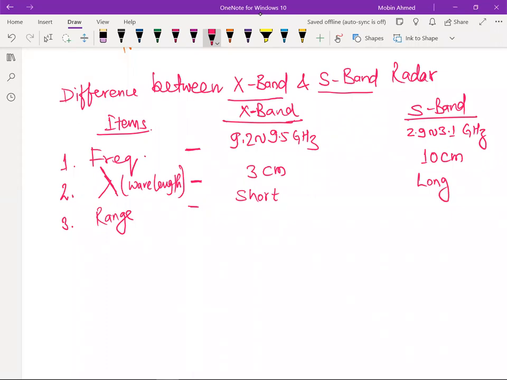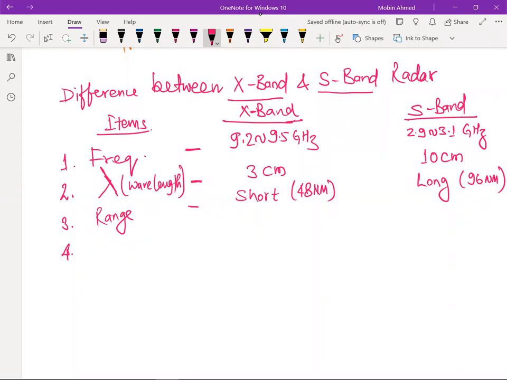Generally, this is used for 48 nautical miles max, and this is used for 96 nautical miles max. So this is how the range changes, due to the frequency. This is the maximum range that can be determined.